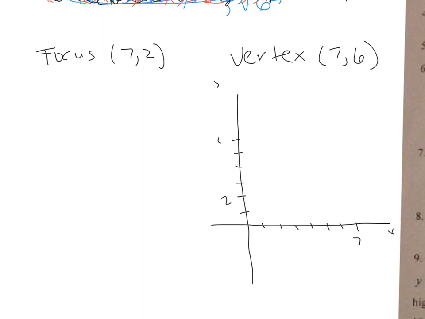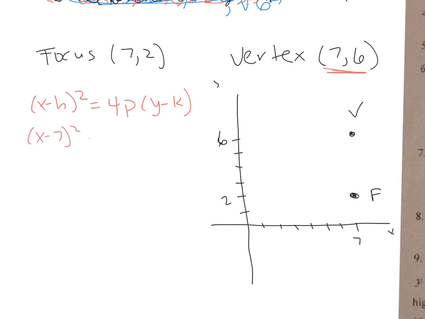It's 2 and 6 here. And 7, 2 is my focus, and my vertex is 7, 6. So here's my equation, x minus h squared is equal to 4p times y minus k. So I actually have h, k, that's my vertex. So just remember to plug it in opposite sign. So it's x minus 7 squared equals 4p times y minus 6.